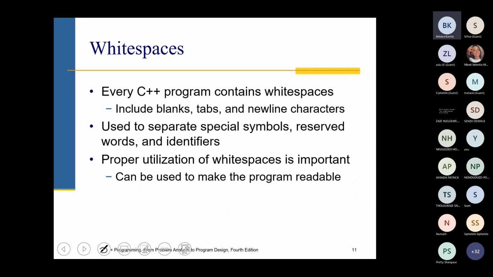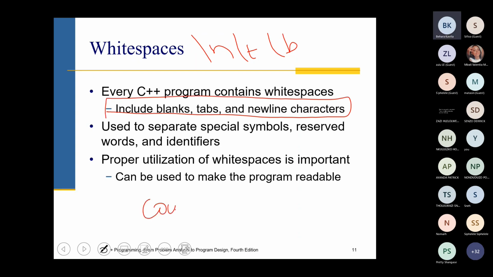Then what are your white spaces: \n, \t, and \b? That's what I explained, which are your escape sequences, also called white spaces, which are allowed to use with cout only.